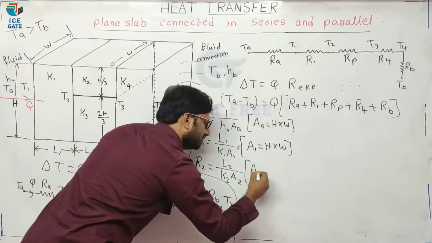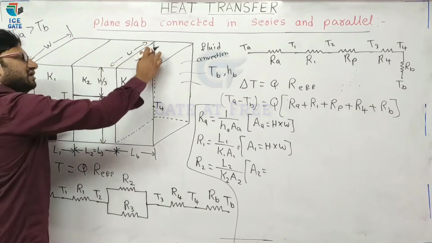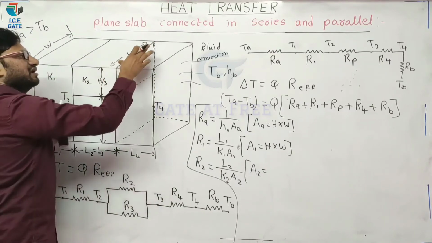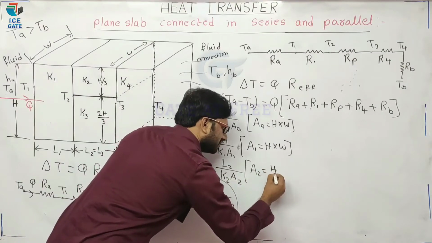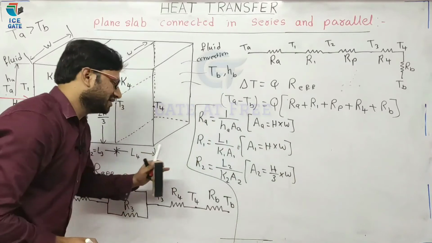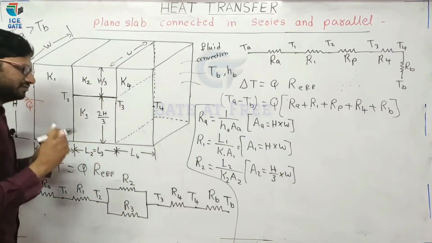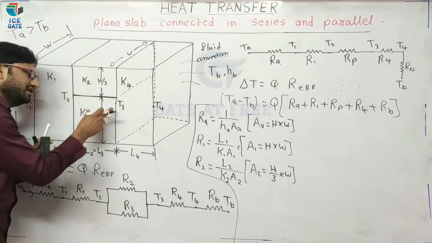What is the area? W width into height. Now what is A2 here? Area of the heat flow of the second material, width into height. That is H by 3 into W. Hope you understood. Now next one, R3. What is R3? Resistance offered by the third material.